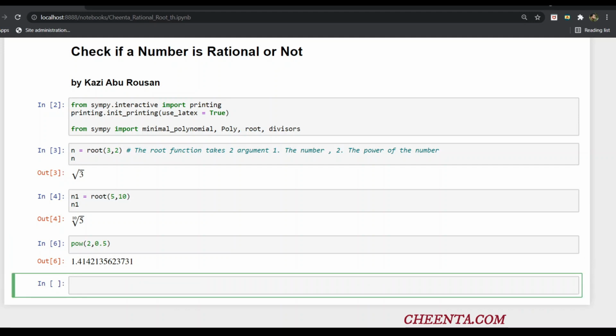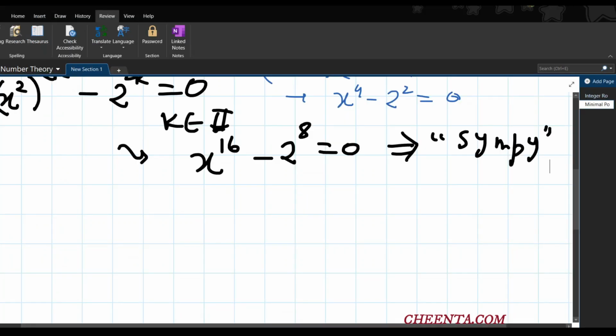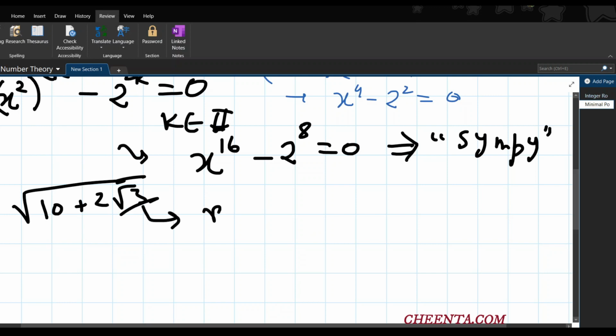Now suppose I want to write down this particular number. How can I do that using the root? Well, you see, this particular number is root of 3, 2.